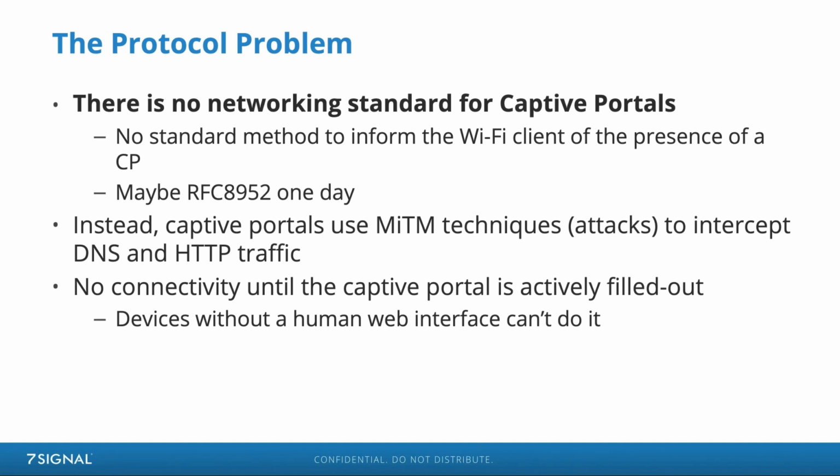You've got apps running in the background, you've got your notifications streaming in, and now all that's getting blocked because the captive portal needs to be addressed. So it's pretty ugly from a protocol perspective, right? We're just kind of stepping all over traffic, intercepting traffic, blocking traffic. The devices don't really know why, and there's no standard for us to use to improve the situation.